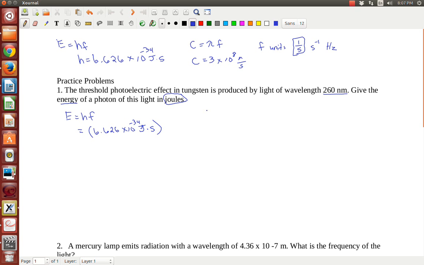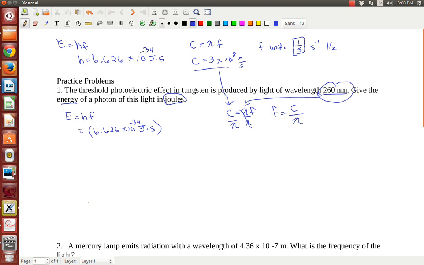So what I'm going to do is take the formula that I do know, because the information I was given was wavelength, and I already know from here the speed of light. So I'm going to change this over so that this is a frequency formula and put it in place of this frequency over here. So just divide by the wavelength on both sides, and then this cancels out, so that frequency is equal to c over the wavelength.